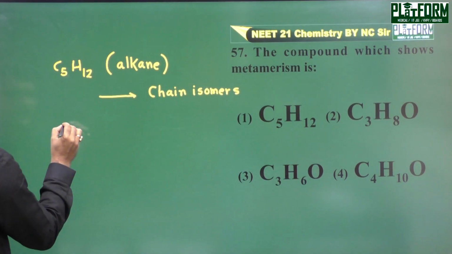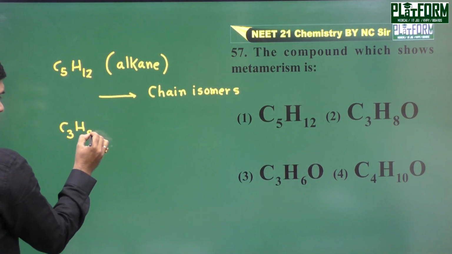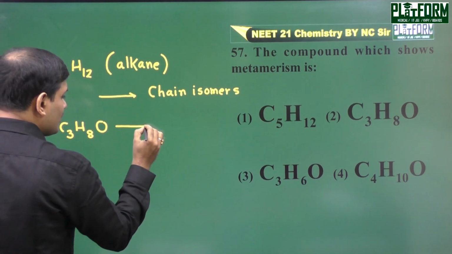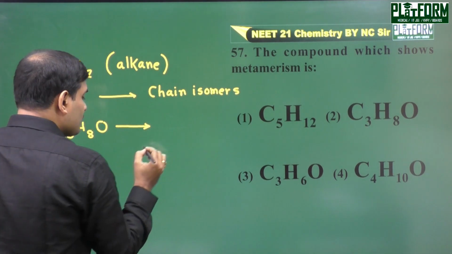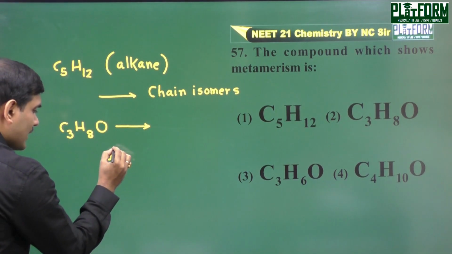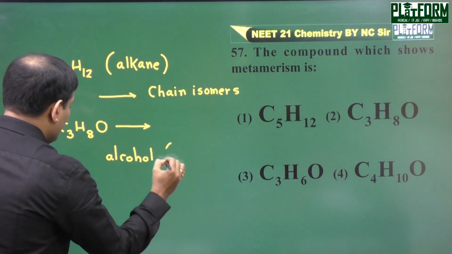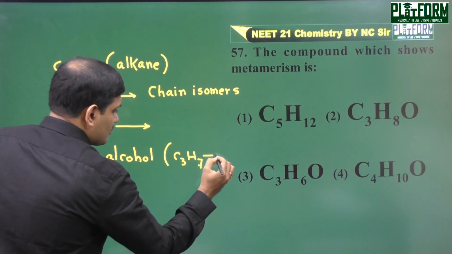Now C3H8O, second option B, it is given C3H8O. If I would go for C3H8O, so definitely with this formula you can produce alcohol, which is C3H7OH.